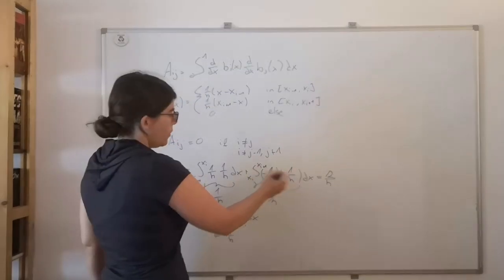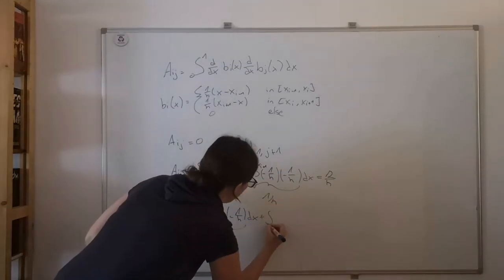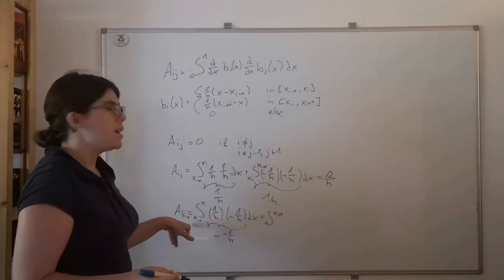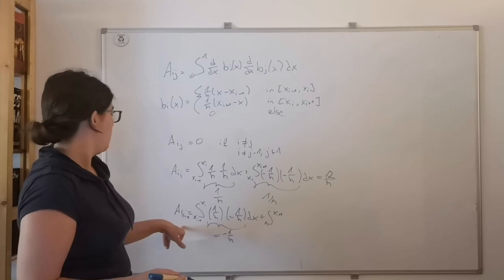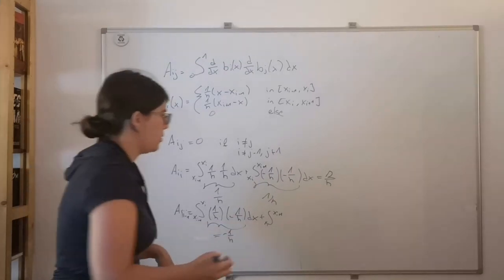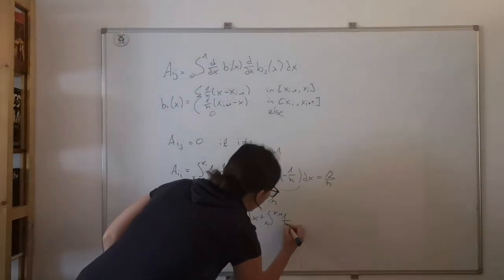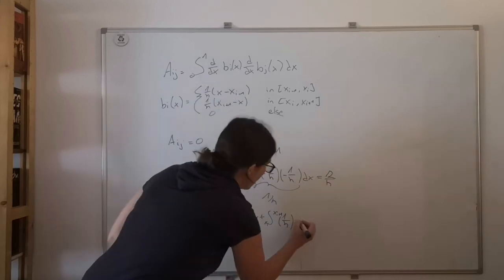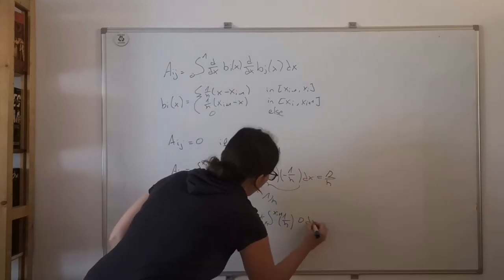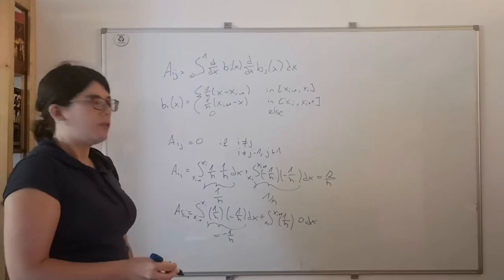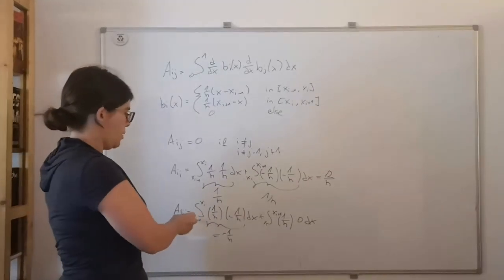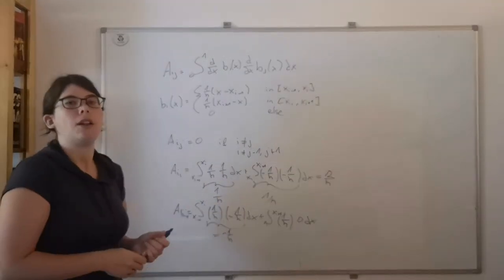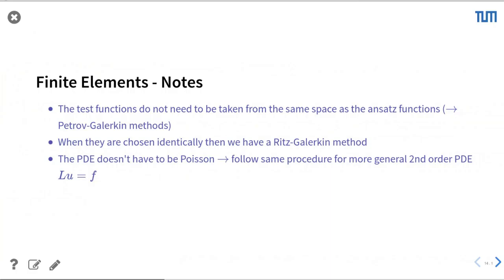Then for the integral from x_i to x_(i+1), the basis function b_(i-1) is 0 in that interval. So we get a 1 over h from b_i, but we get a 0 here, so that turns to 0. The same thing happens the other way around for i plus 1. And that's the form of the matrix.